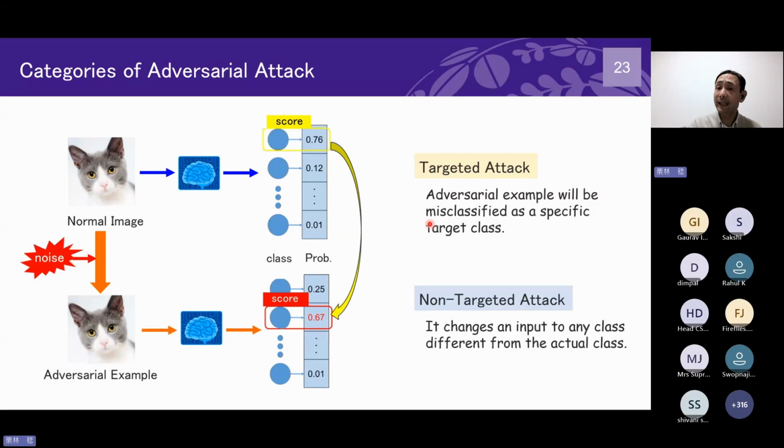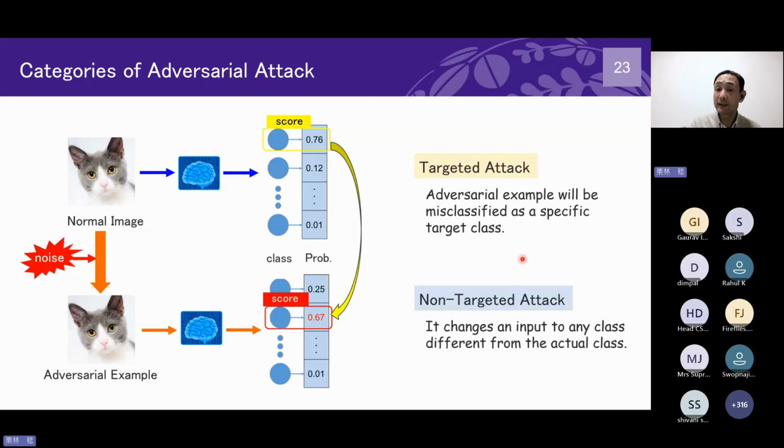One is a targeted attack, where the output class is specified. The noise is created to misclassify as a specific target class. In such a case, it is called a targeted attack.